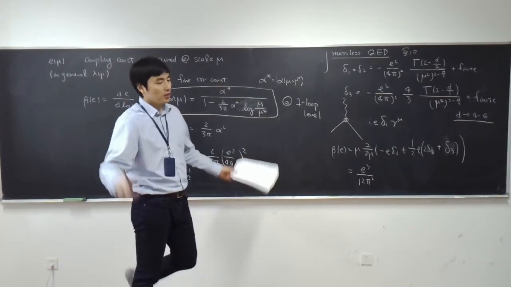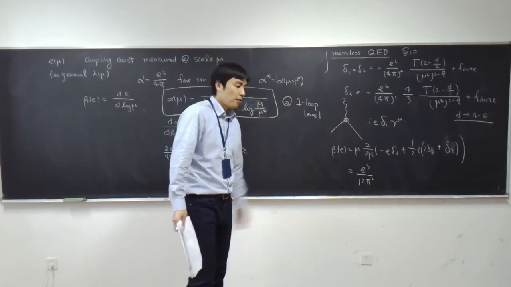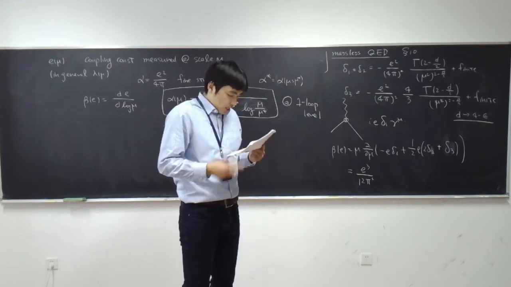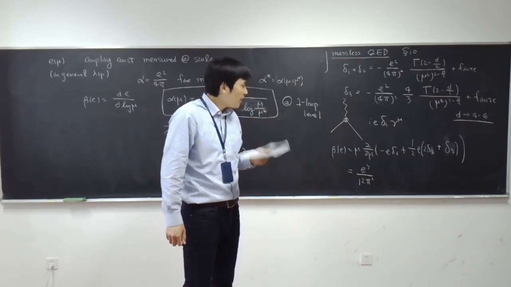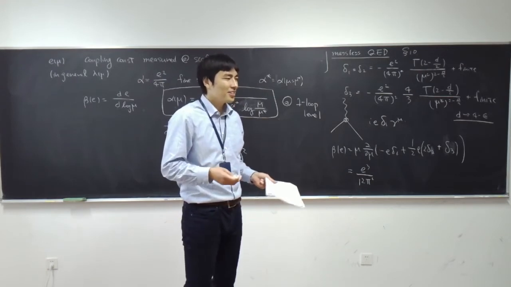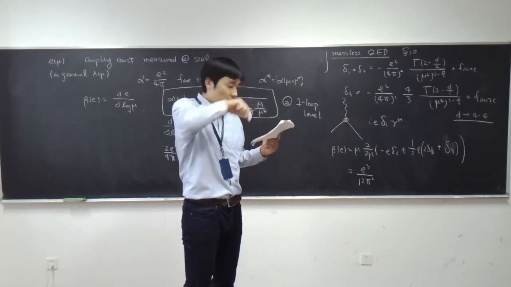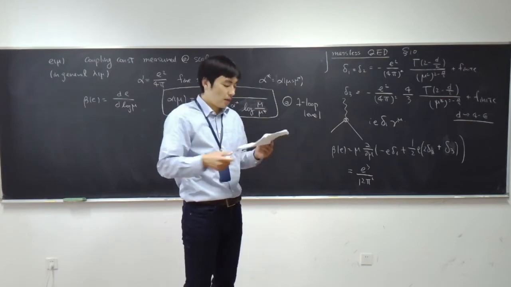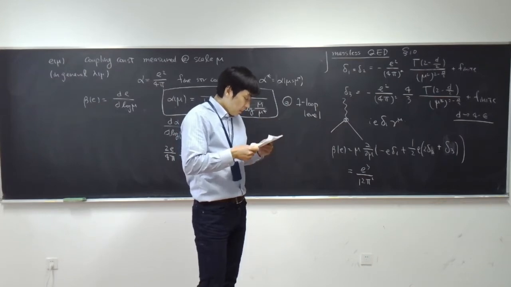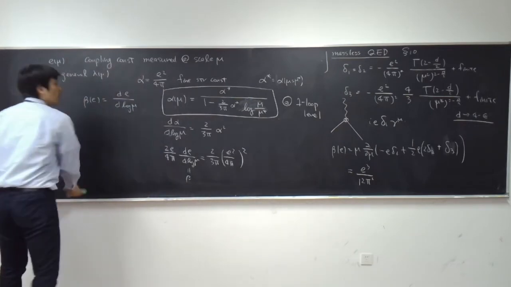In the higher loop order, lots of effort has been made by many people, including Kinoshita at Cornell University. As I explained to you in the first lecture of QFT1, I think it's now 4 or 5 loop order, and it's the most precise matching between experiment and theory. Okay, so that's the beta function of QED.